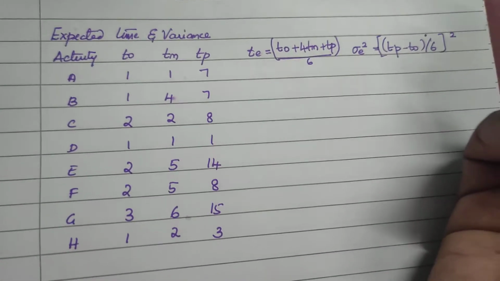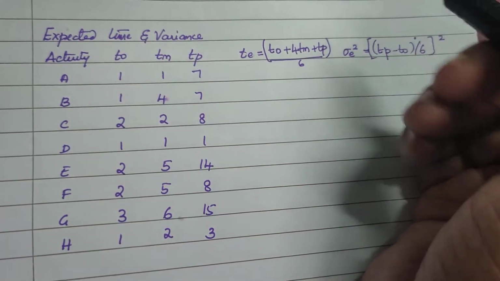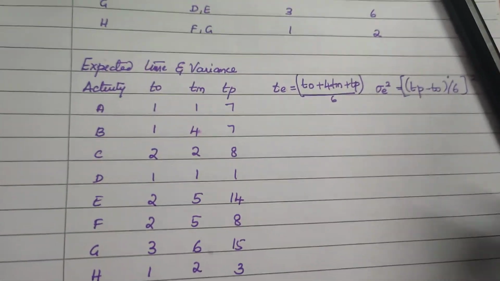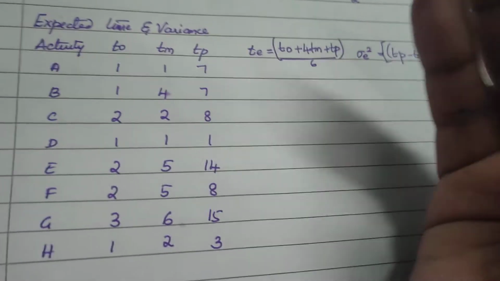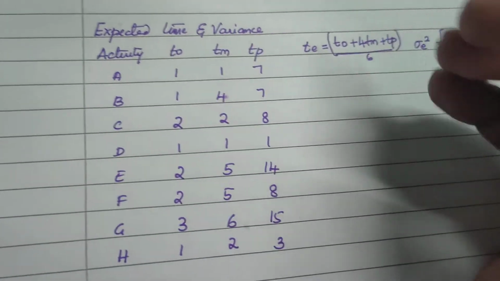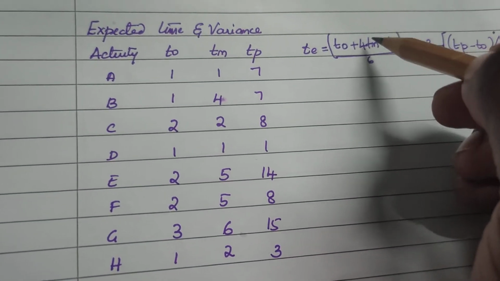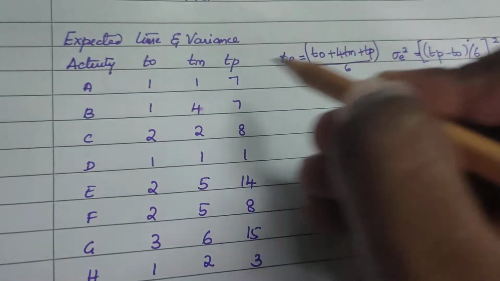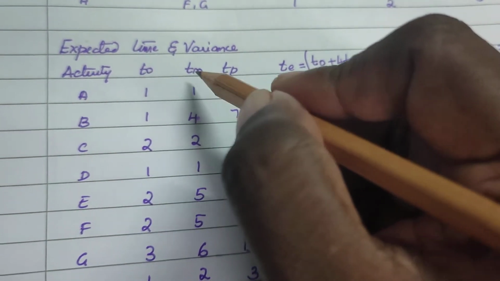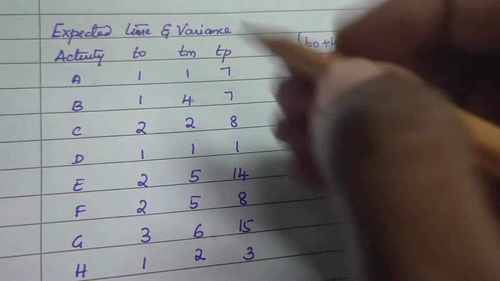I tell my students who are not very comfortable with maths that you can always calculate this value and keep it on the side. So 4 into TM, you just multiply all the values.